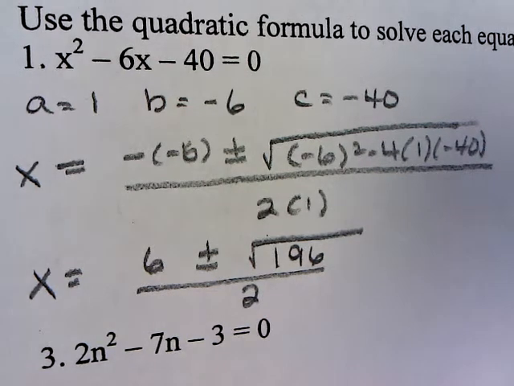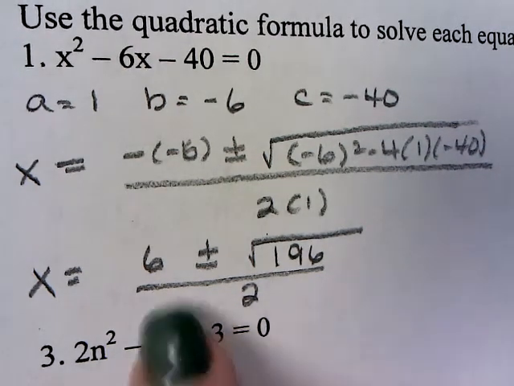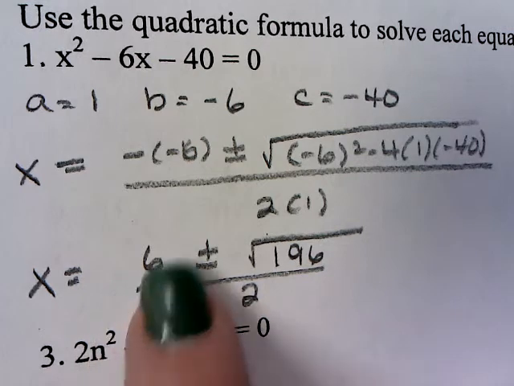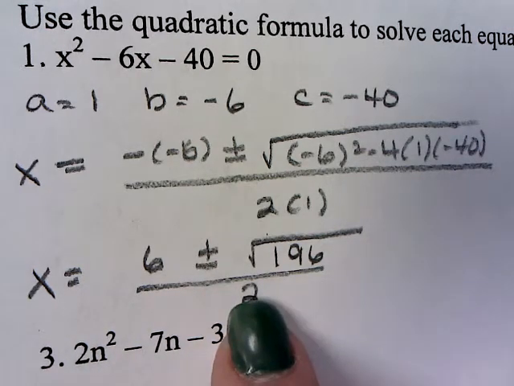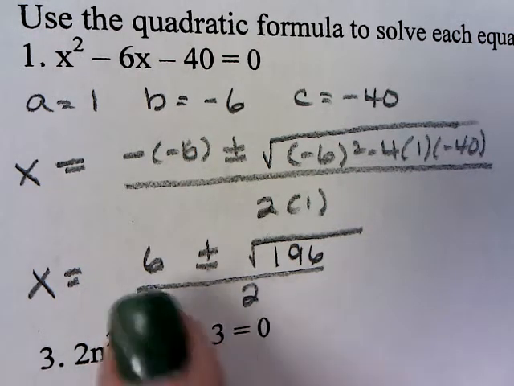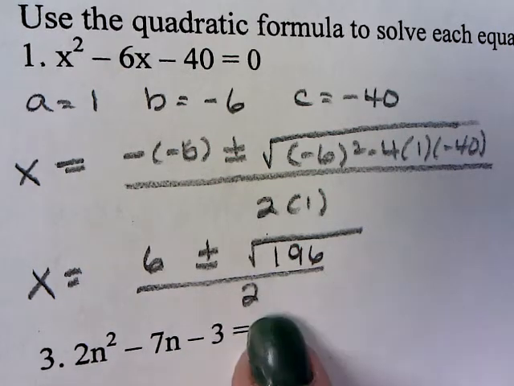Now, at this point, I have two options for my answer. The plus or minus means I'm going to have 6 plus the square root of 196 divided by 2. And my other option is 6 minus the square root of 196 divided by 2.